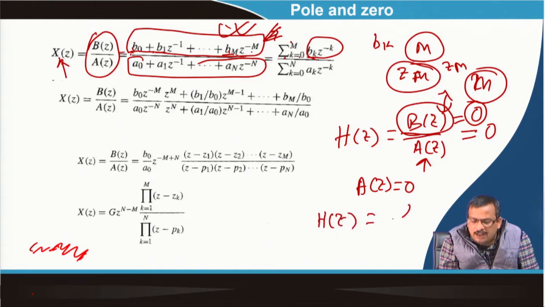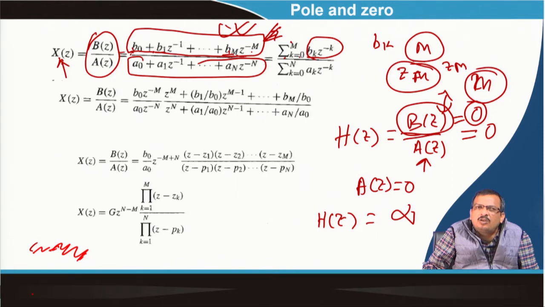H(z) will be infinite. That is why at the pole the system will resonate, and the amplitude is infinite. So, the solution of A(z) is called a pole.